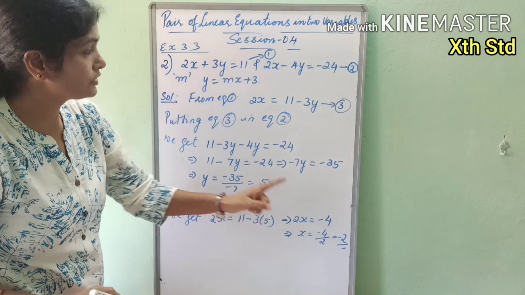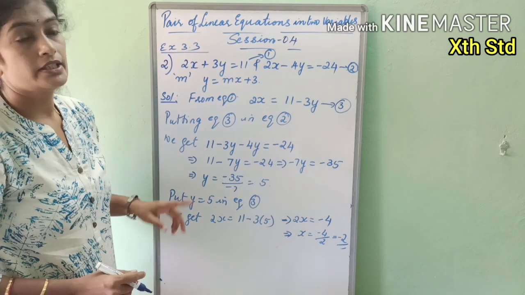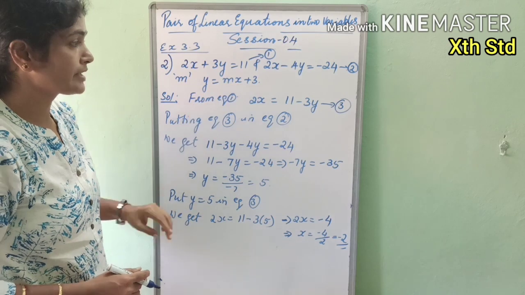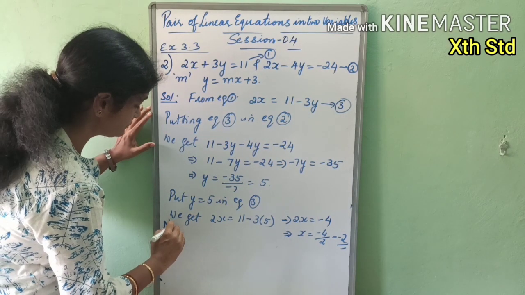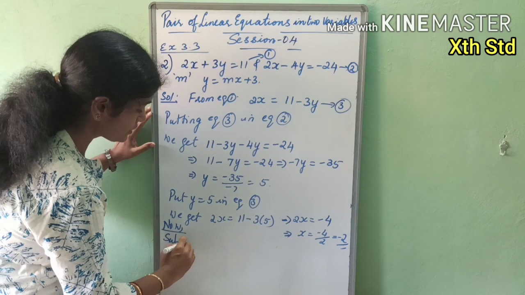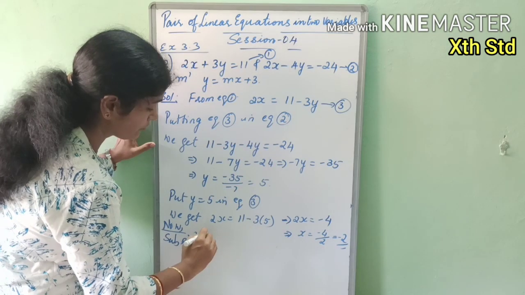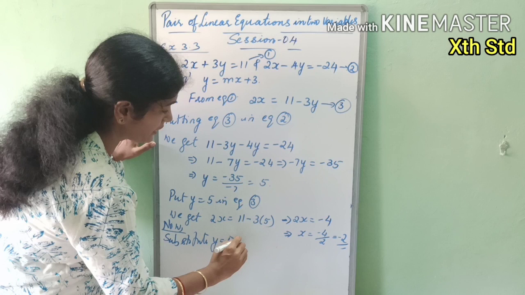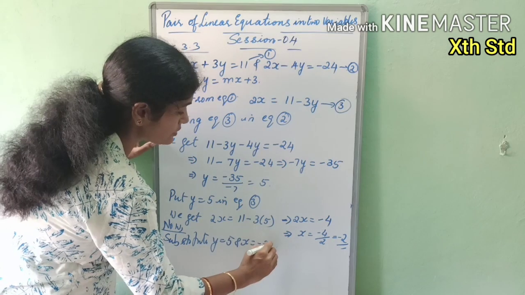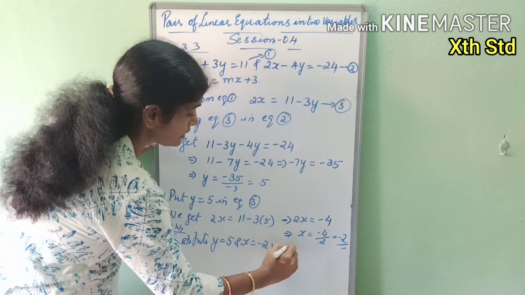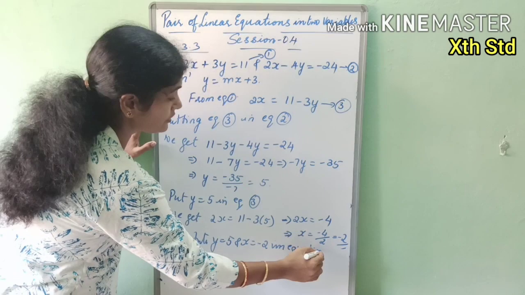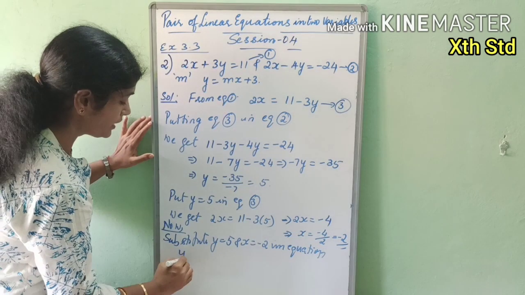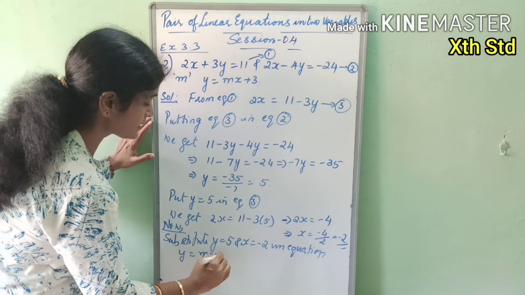Now substitute these two values, y equal to 5 and x equal to minus 2, in the equation y is equal to mx plus 3.